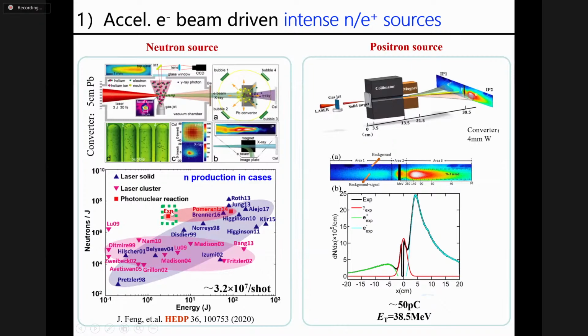In our experiment several years ago, we really got a neutron yield per joule corresponding to almost the highest level, but with much lower electron energy. Of course, we can also produce some positron signals.